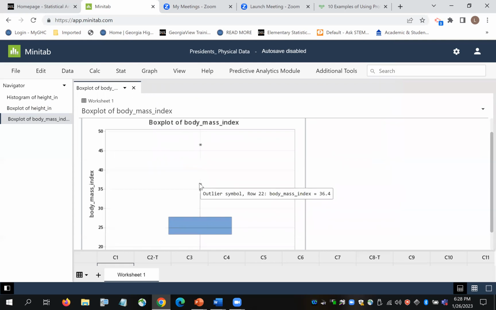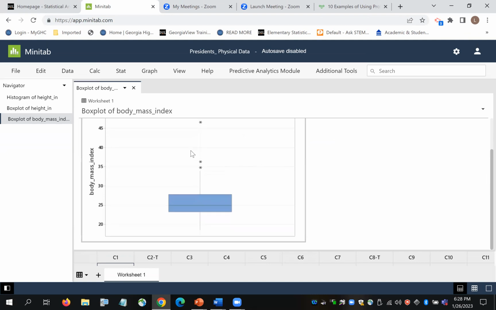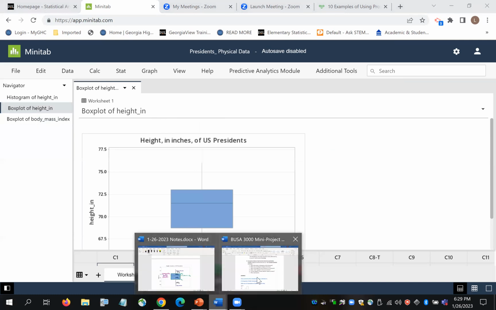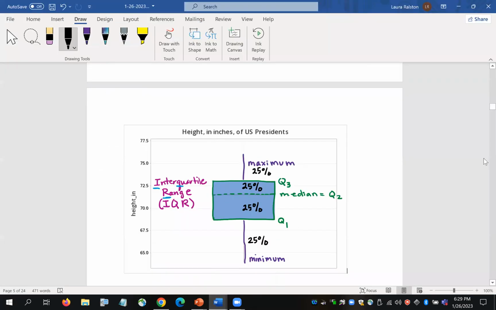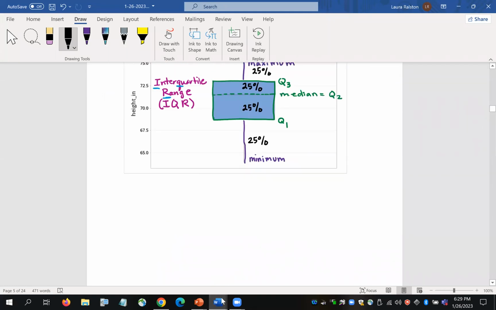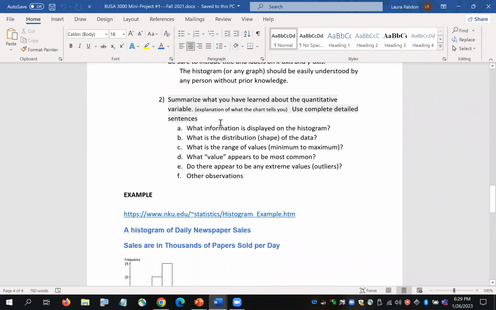If I hover over it, it even tells me what that value is. For body mass index, there appear to be 3 outliers, and there can be outliers on the high end or the low end, or both at the same time. But on our box plot for height, you do not see any stars, which means there are no outliers.